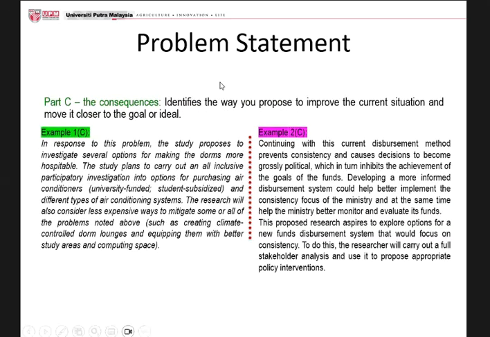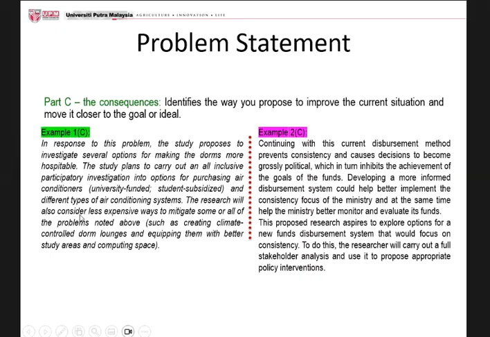In response to this problem, the study proposes to investigate several options for making the dorms more hospitable. The study plans to carry out an all-inclusive participatory investigation into options for purchasing air conditioners and different types of air conditioning systems.